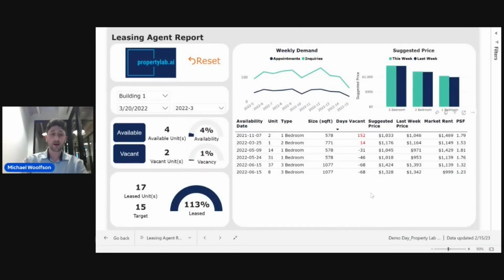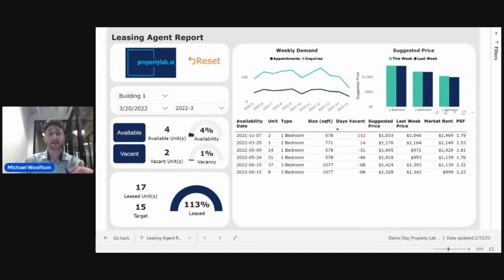Just to show another report here, this is one example of where the actual output may go. You can see this column of suggested prices. Once the data gets into our system, our algorithm outputs a suggested price for that certain point in time, whether that's on a daily basis, weekly, twice a week, or bi-weekly, you get updated prices for all of your units.